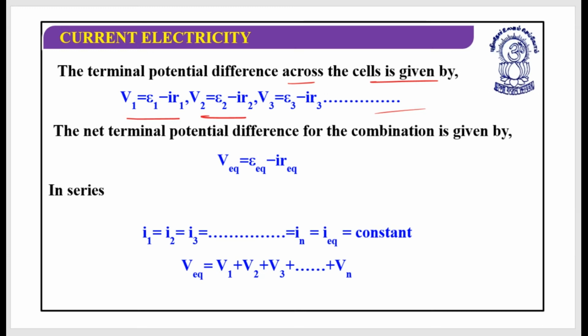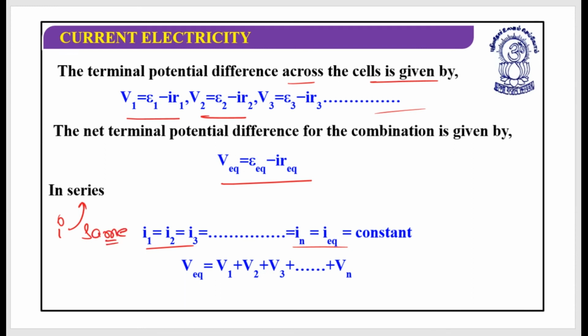So if I write down the net potential difference for the combination, V equivalent equals E equivalent minus I into R equivalent. Now I know that every current would be equal. Why? Because it is the series combination, so I remains the same.